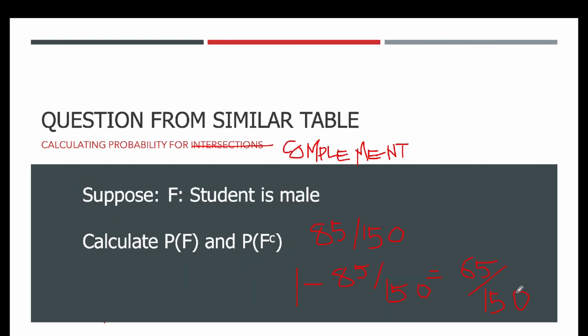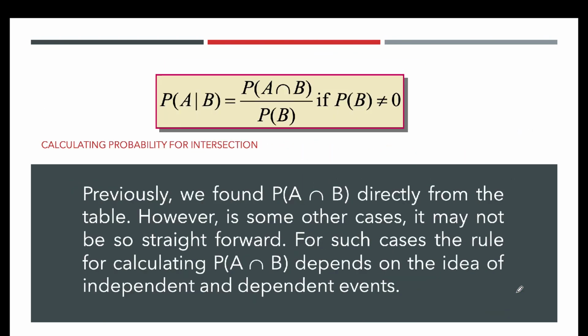But actually it's not that simple. For such cases, the rule for calculating the probability of A intersect B depends on the ideas of independence and dependence.